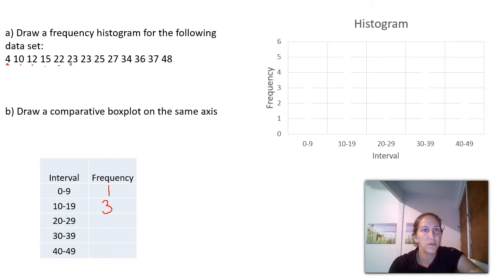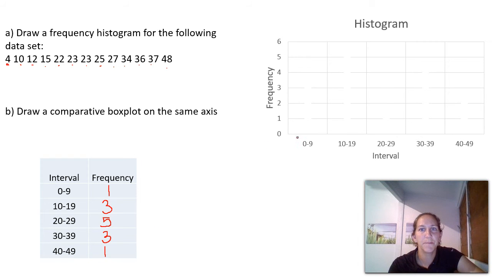I've got 1, 2, 3, 4, 5 values between 20 and 29. I've got 1, 2, 3 values in the interval of 30 to 39, and I've got one value between 40 and 49.